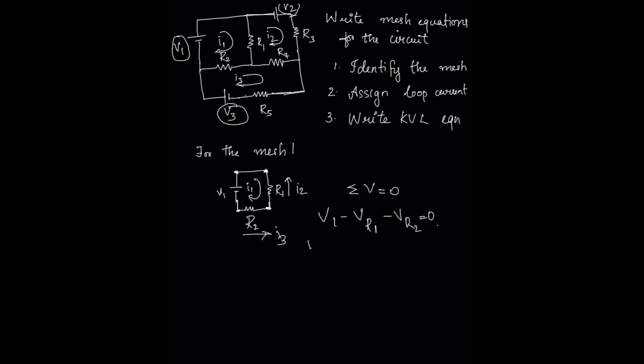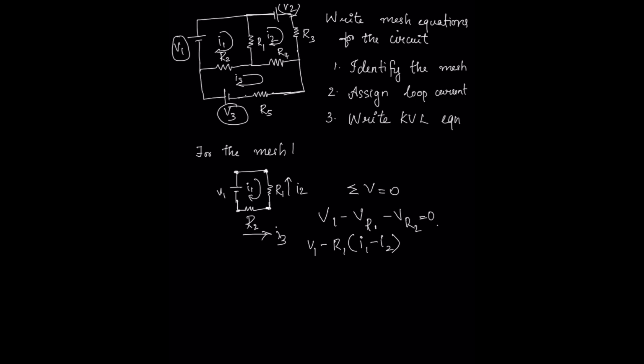Between these two resistances, we will have a voltage drop. So how can you write it? V1 minus, current is I1, minus I1 R1, and I2 is in the opposite direction, so we can write plus I2 R1. Or we can write minus R1 into I1 minus I2.